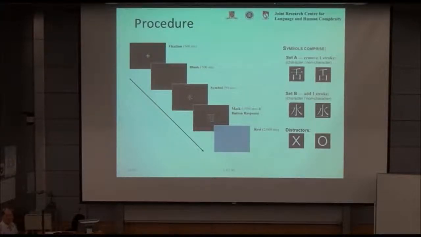Because we attracted the attention to such distractors, and also by using a very, very short display time, consciously they didn't notice the non-characters. Then we examine the brain responses of these two groups of subjects.